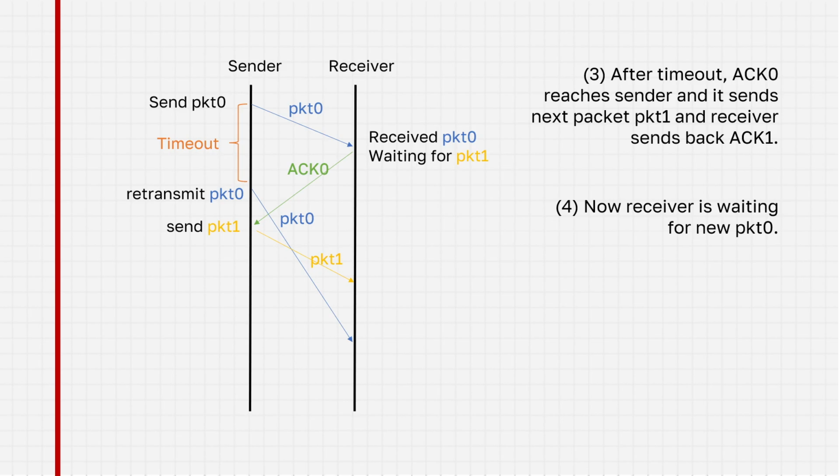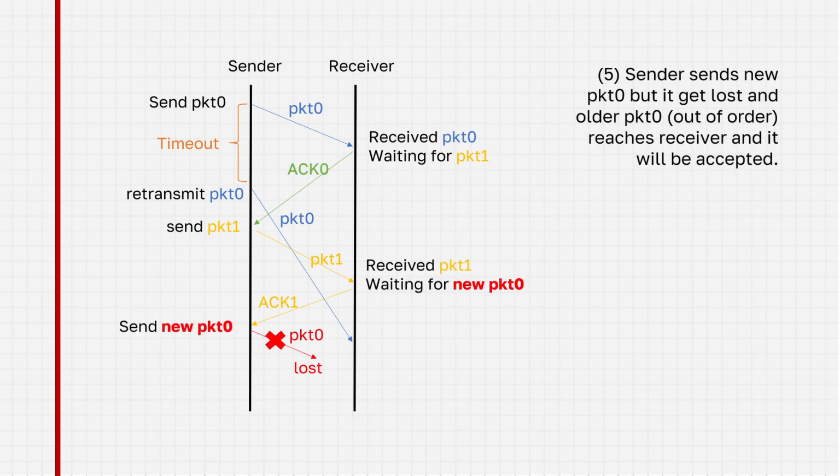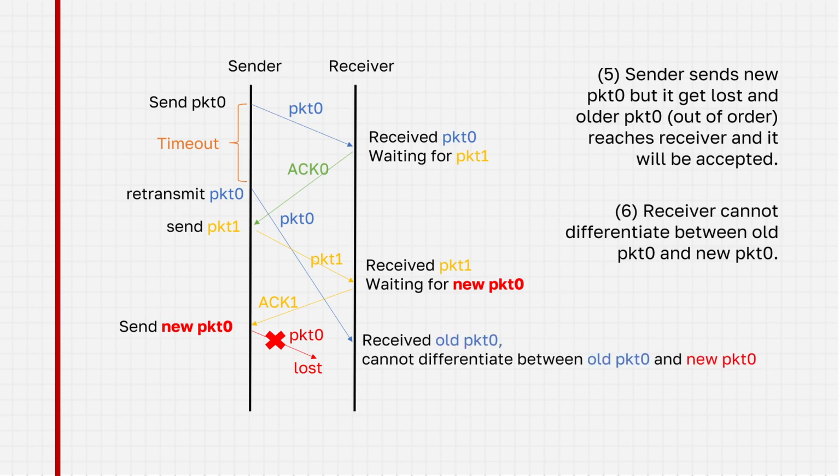Now, once this sends packet 1, it will receive ACK 1, then this will send 0. This is lost. However, after this packet 1, this 0 will come in. But this 0 was the original one, the same as in the initial, right? So here, the receiver does not know whether this is the old packet 0 or the new packet 0. This is where the sequence number breaks.